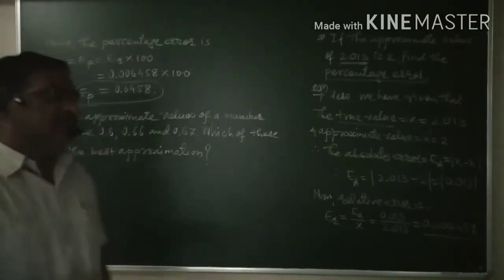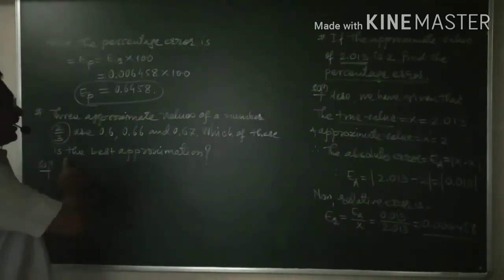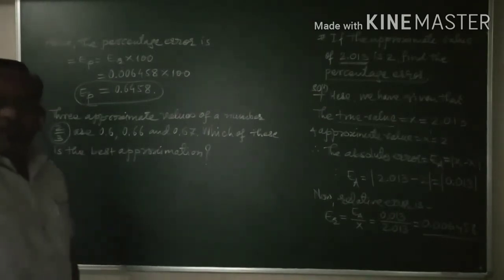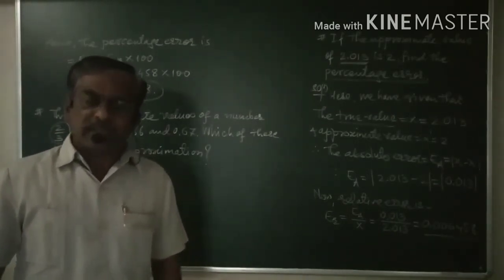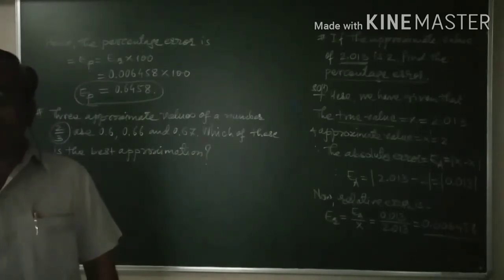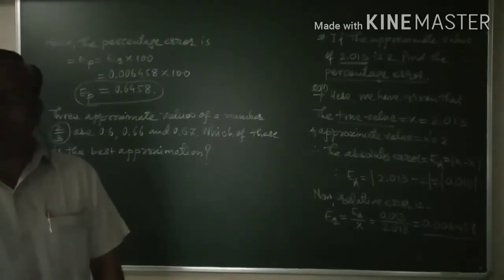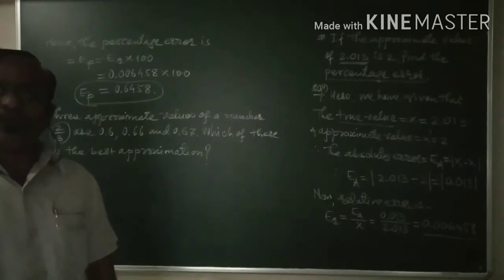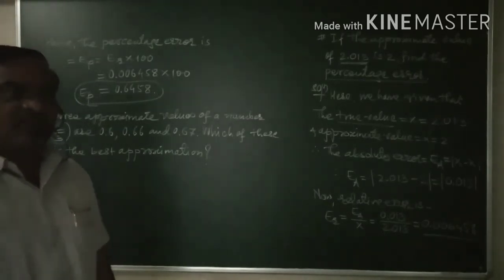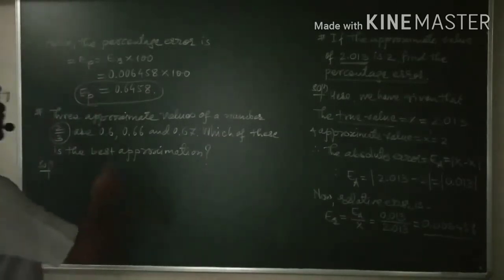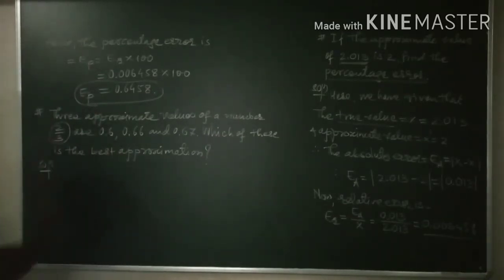As far as this example is concerned, the best approximation is the value where you get the minimum absolute error. That approximate value will be the best approximation for the given number.